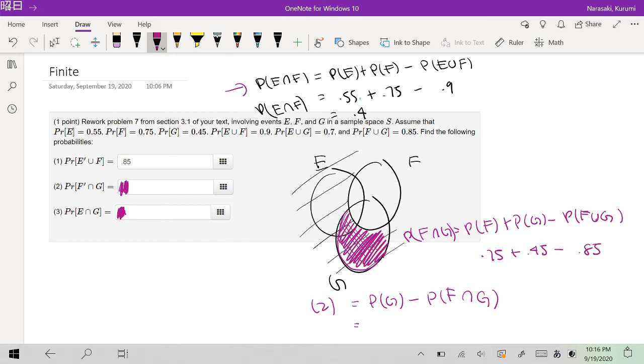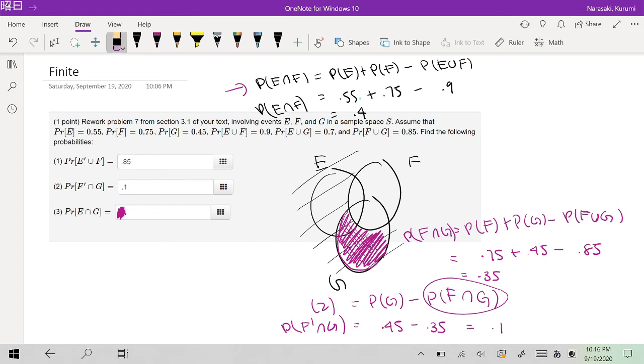So that's equal to 0.35. Alright, so we can just plug this information in here. Probability of G is 0.45 minus F and G, which is 0.35. So the probability of not F and G is equal to 0.1.